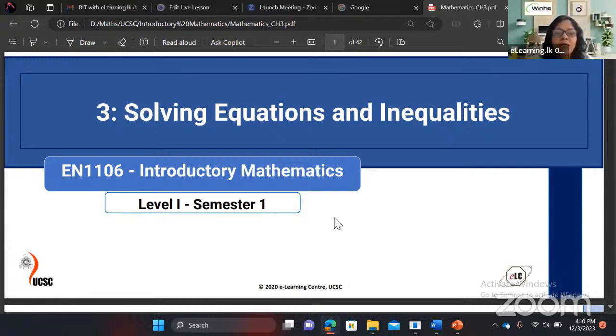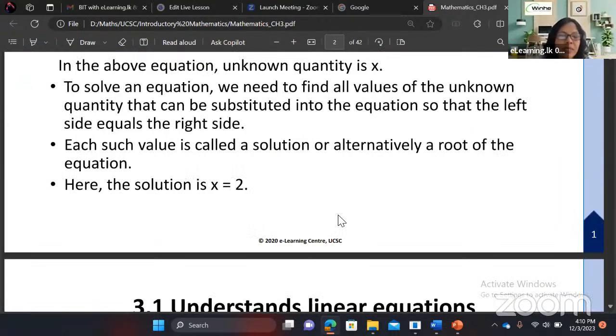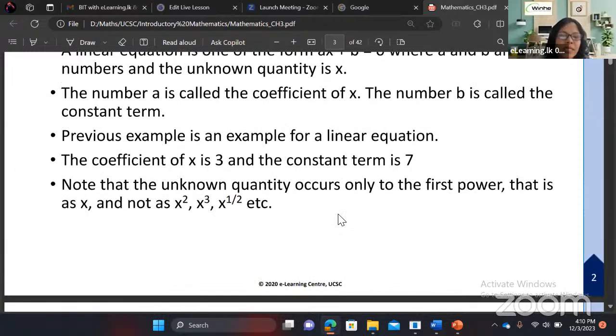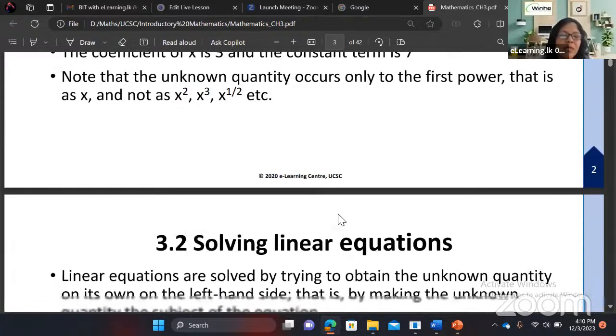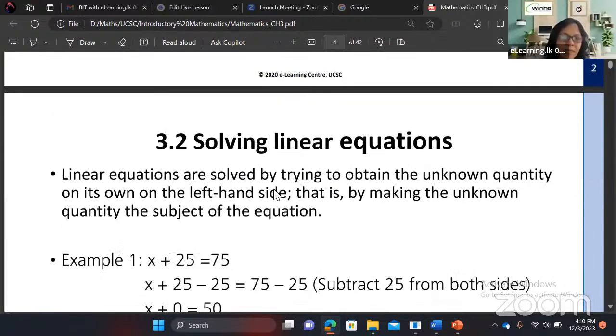If there is more than one variable, then you should have more than one equation to solve it. So remember last week's lesson. We call those simultaneous equations. But you can solve those kinds of equations when the power of the variable is equal to 1. So we call those equations linear equations.